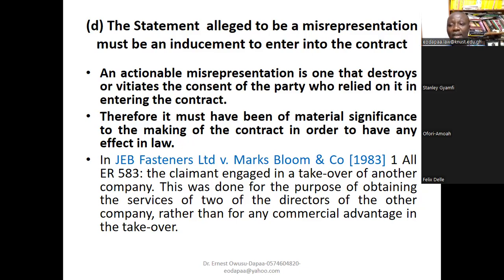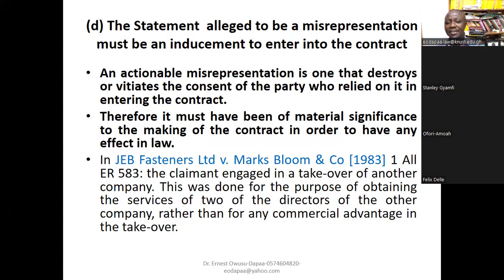So we are talking about the inducement element. And that is to say that for you to succeed in bringing an action for actionable misrepresentation, you must be able to show that the statement of fact, which has turned out to be false, had material significance on your judgment.